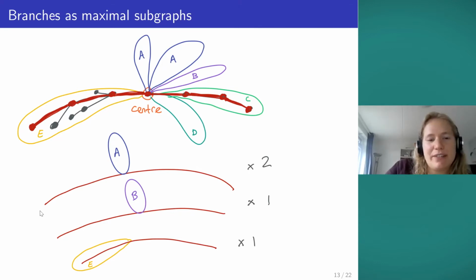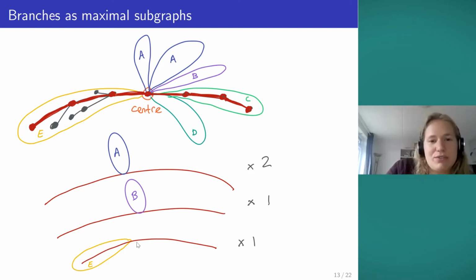So suppose that we were able to reconstruct the counts for these kinds of graphs. Suppose we knew the number of ones for which we have this long path, and in the middle there's a copy of A hanging off it. And we know the number of them where there's a copy of B hanging off it. And we know the ones with some super long paths, where there's a copy of E hanging off the center, and the path runs through this.